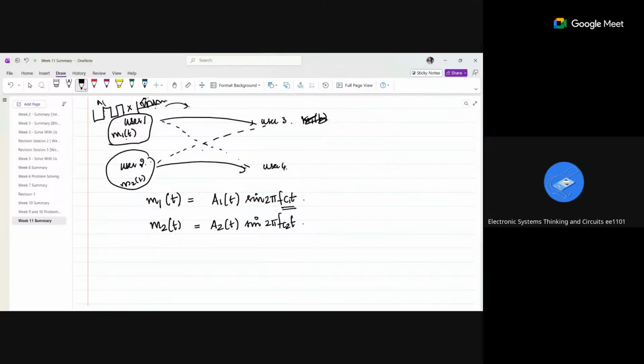But whatever user 3 is receiving has his own signal and a part of the other signal. The receiver Rx3 will have m1 of t, which he actually wants, plus beta times m2 of t.